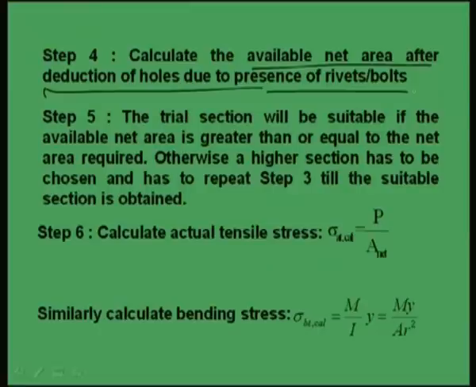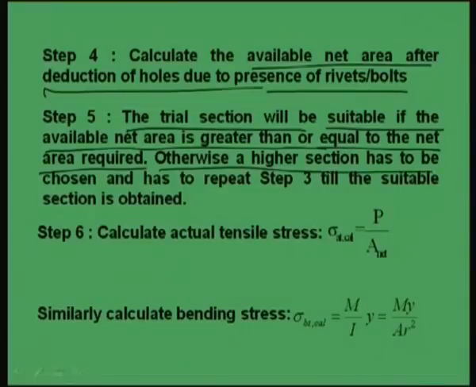Then in step 5, the trial section will be suitable if the available net area is greater than or equal to the net area required. Otherwise, a higher section has to be chosen and step 3 has to be repeated till the suitable section is obtained.